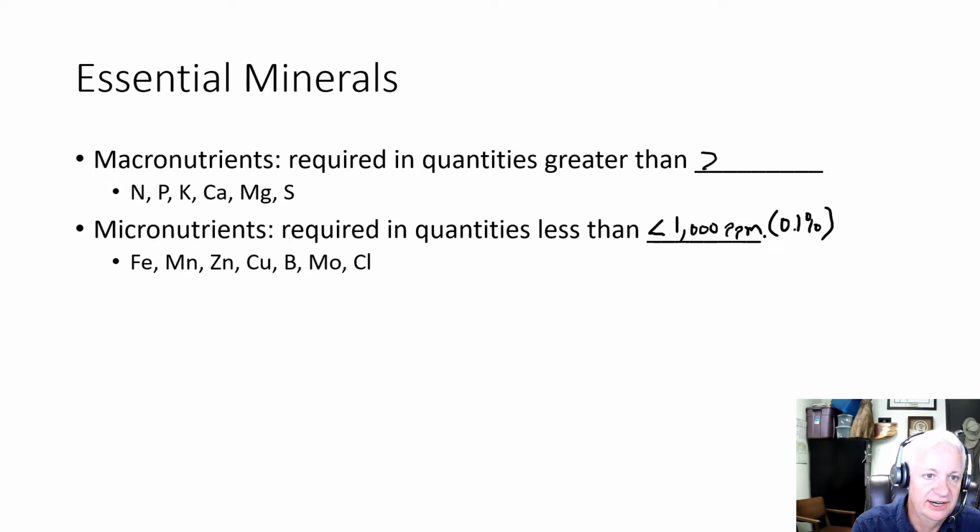So obviously greater than 1,000 parts per million, less than 1,000 parts per million. And those micronutrient elements are listed there: iron, manganese, zinc, copper, boron, molybdenum, and chlorine.